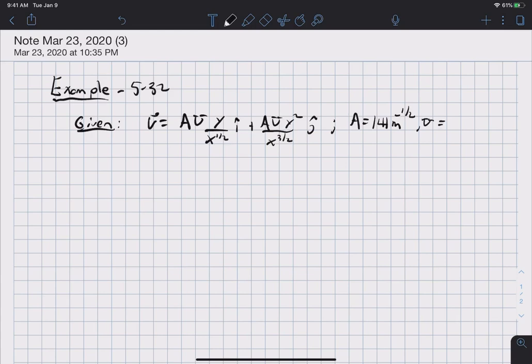equals 0.24 meters per second. Okay, and we're to find A, to show that V represents an incompressible flow.